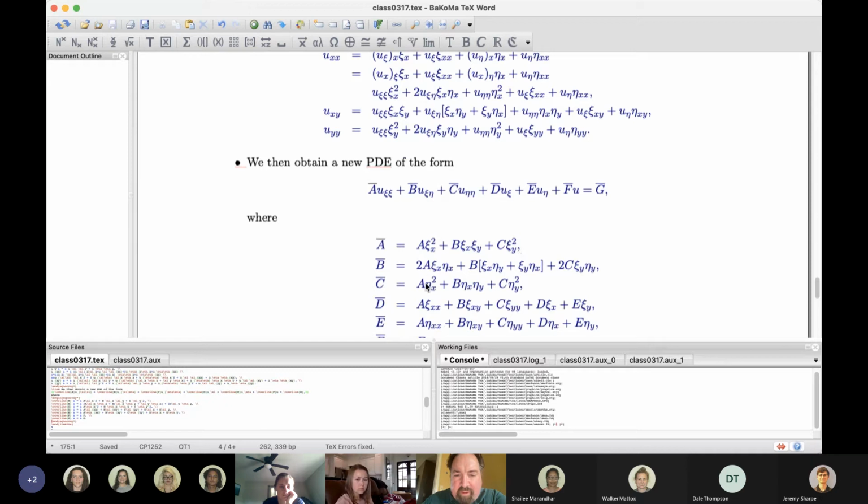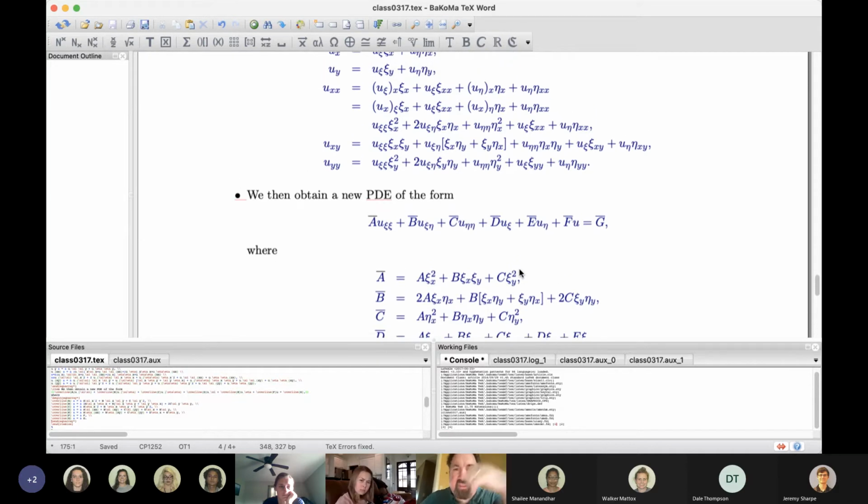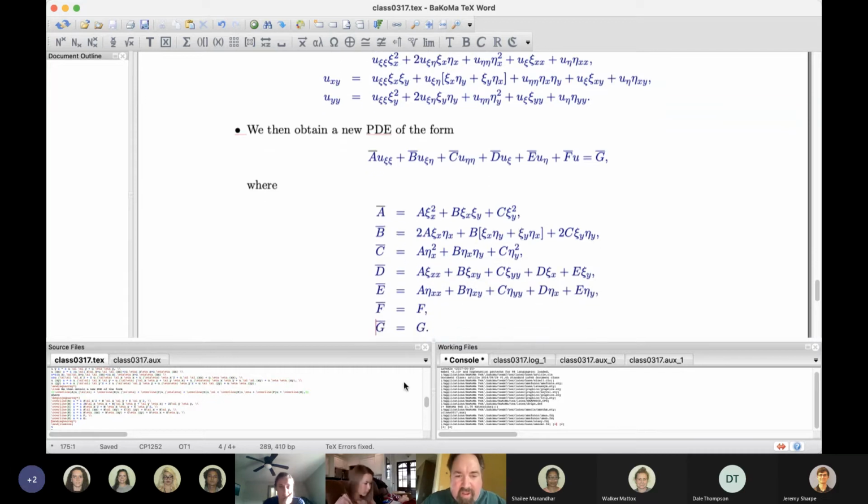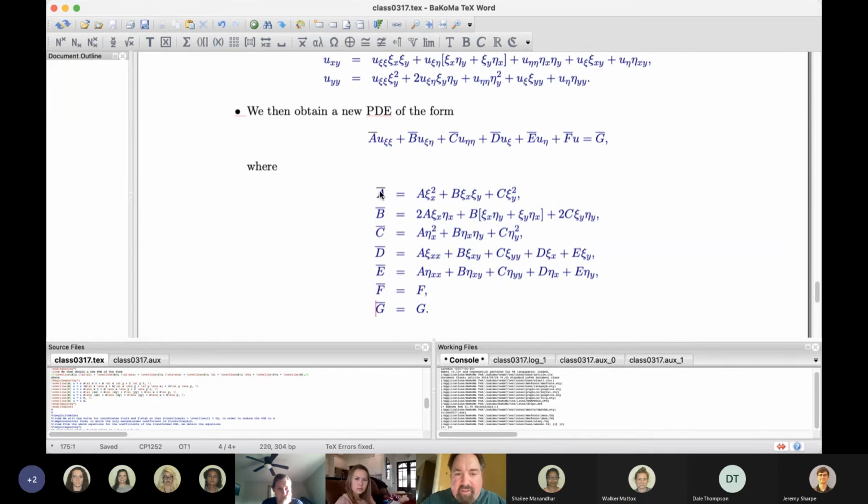And similarly, the coefficient for new C bar involves partial derivatives of η with respect to x and y. So now, what we would like to do is choose ξ and η so that these new coefficients are simpler.